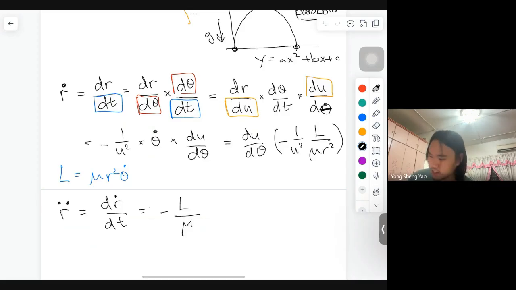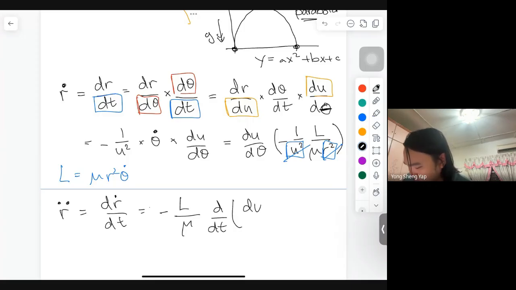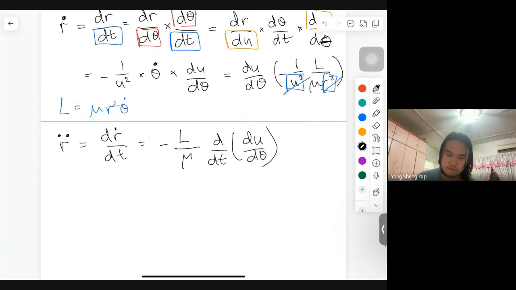And as you've seen here, remember r is equal to 1 over u, so r u equals 1. So u squared and r squared cancel out. There's nothing else there. And the time derivative basically only acts on du/d theta.